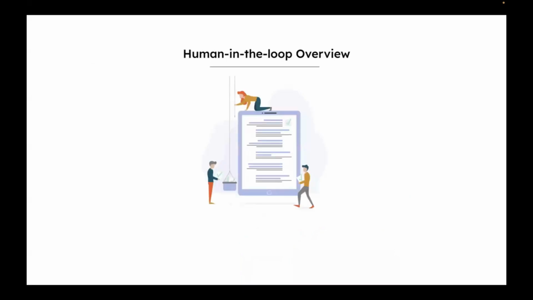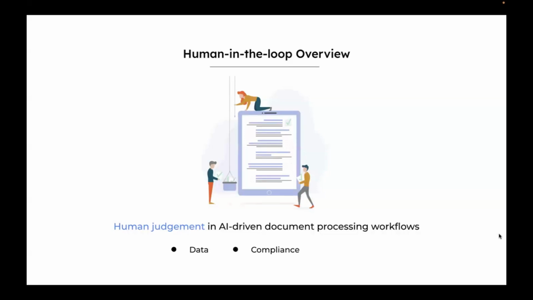So human-in-the-loop, or HITL, at its core is the practice of bringing human judgment into AI-driven document processing workflows. Now that is the simple definition of it. But what actually makes this truly powerful is that it enables better data quality, stronger compliance with regulations, and also greater trust in your automation.